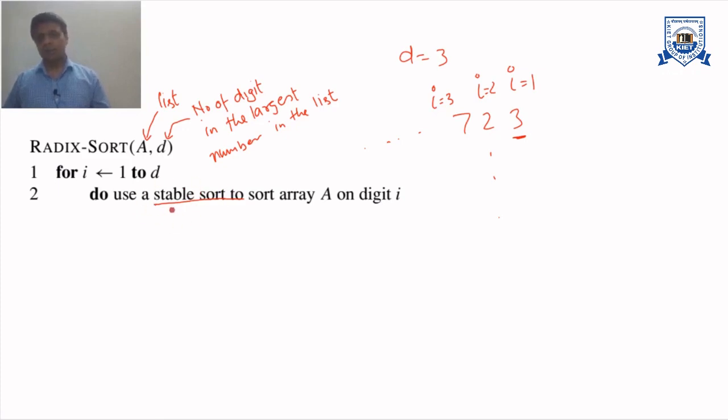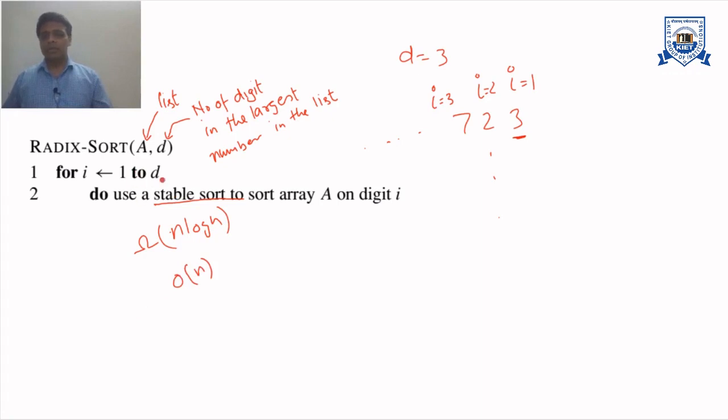So if we perform any comparison based sorting, then in that case it would take a minimum of n log n time. But if we perform the counting sort, or any sorting which could be performed in linear time, then it would take O(n) time.